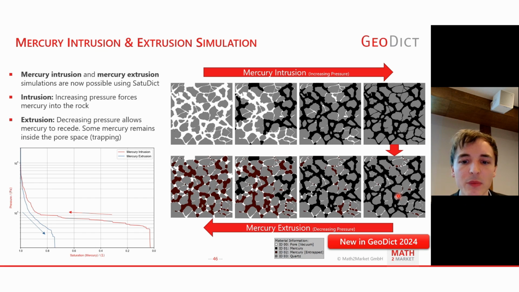So mercury gets trapped within the pore structures, which is displayed here as the red visualized mercury saturation. If you plot the capillary pressure curve, you can see the mercury intrusion displayed as a red curve until the structure is fully saturated, and by releasing the pressure, some of the mercury gets trapped within the pores.